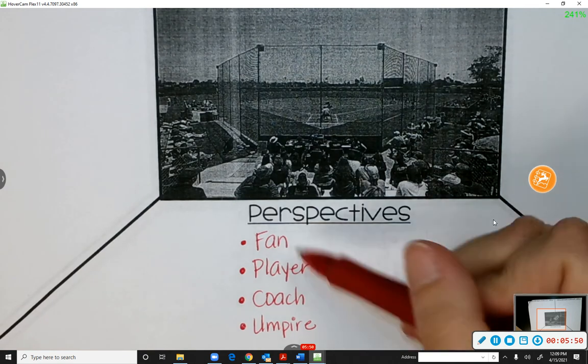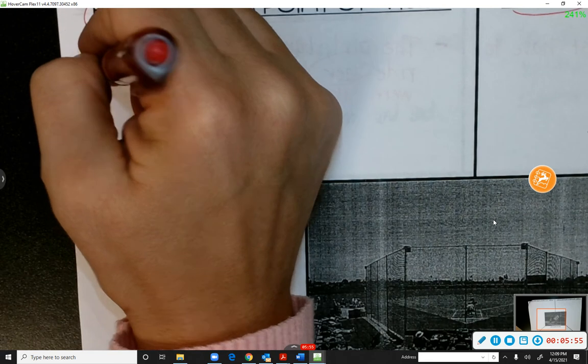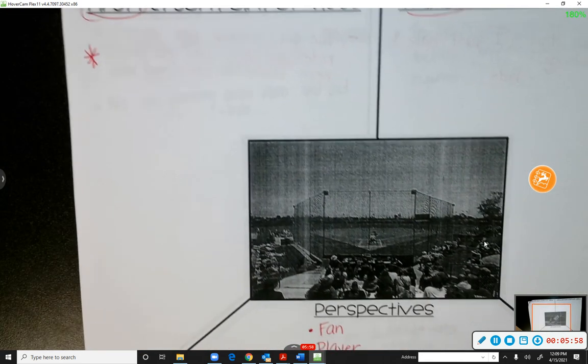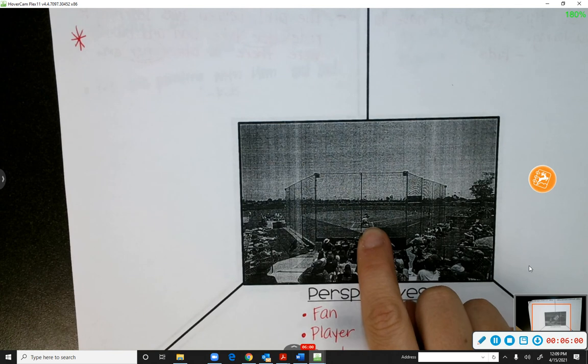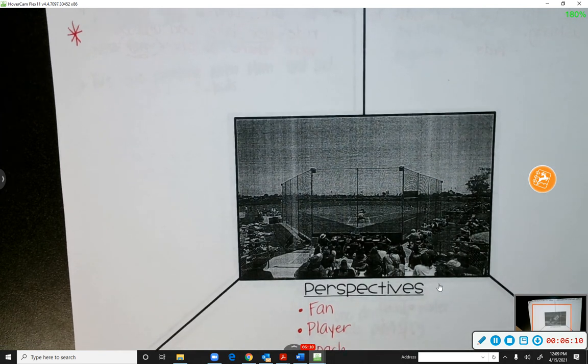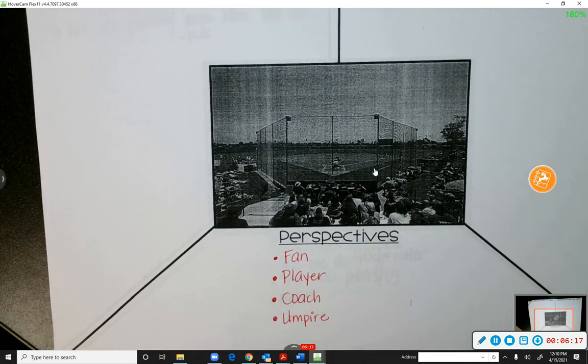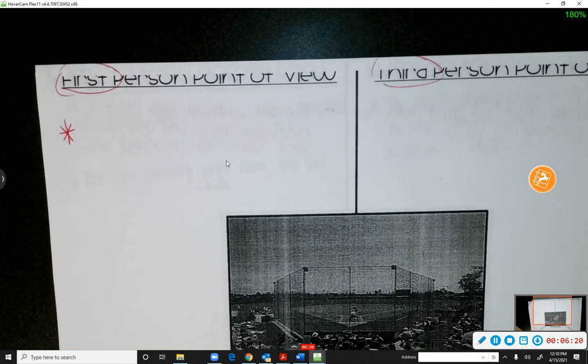So pick one of these to write your first person sentence. The umpire is the person that's behind the plate calling balls and strikes and outs. You usually have one out in the field too that's calling out or safe. So we have fan, player, coach, or umpire. So write a first person sentence from one of those perspectives. Go ahead and write that now.